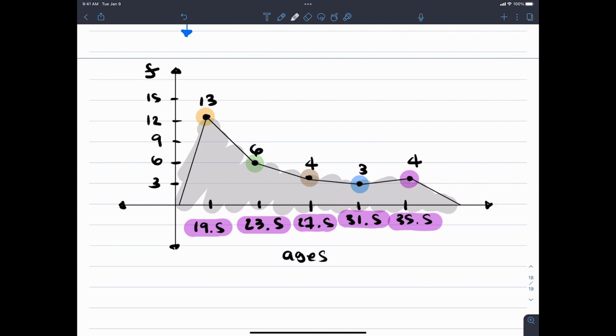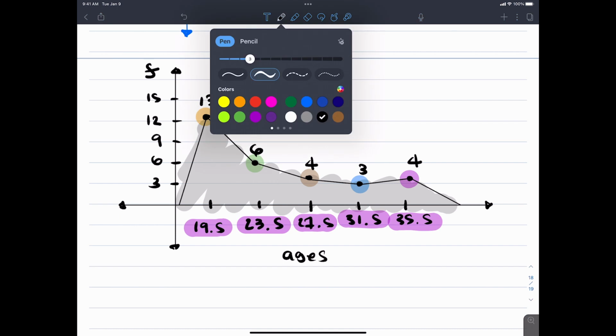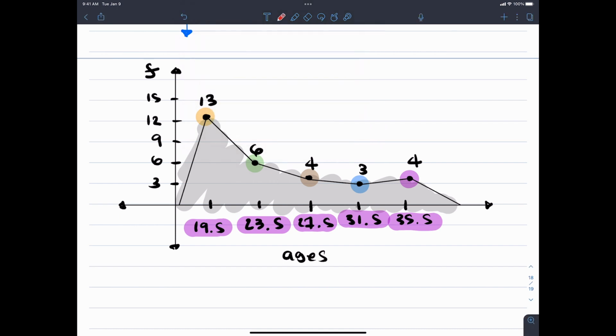You want to view the what? The distribution. Where's most of the data at? Double check. Look at the picture. Most of the data is on the left. Is that right? So most of the data is on the left.